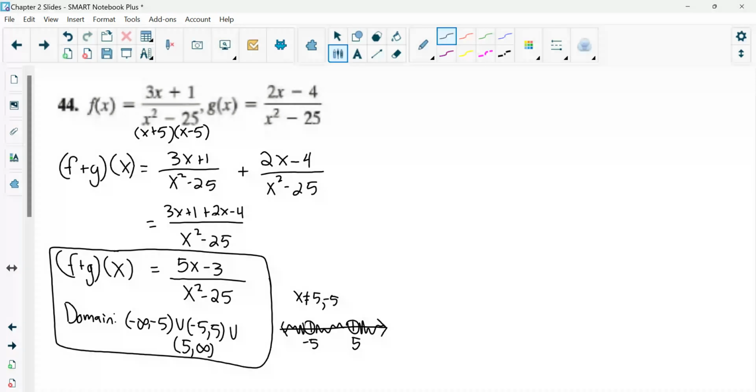If we are subtracting f minus g of x, same thing, now we just have a minus sign instead of a plus sign in between.